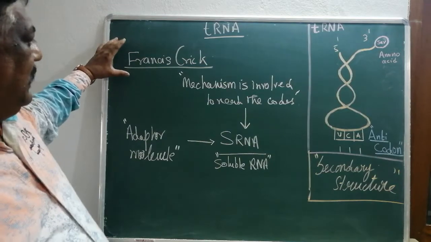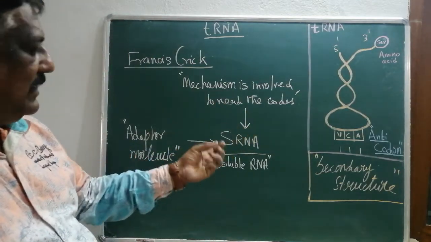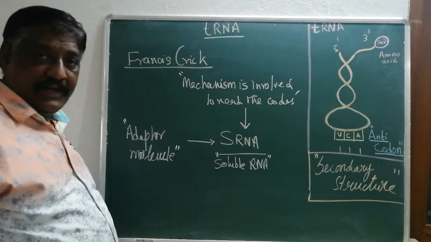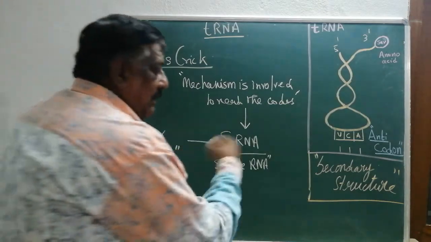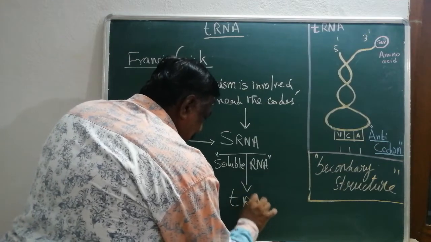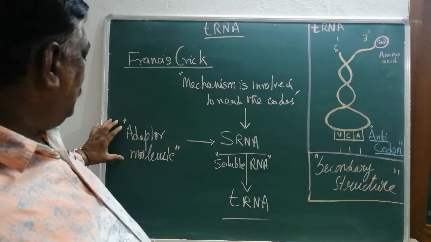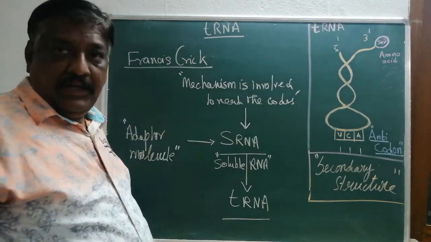So in the beginning, he felt that there is some mechanism to read the codes, and he felt it is a soluble RNA. He called them sRNA. But later, this sRNA was called tRNA. Initially it was called an adapter molecule which actually reads the codes, right?